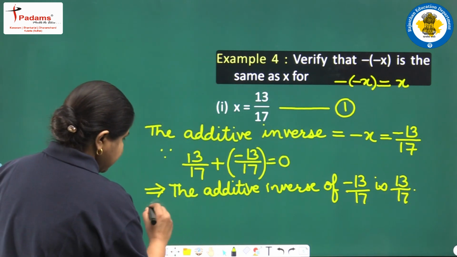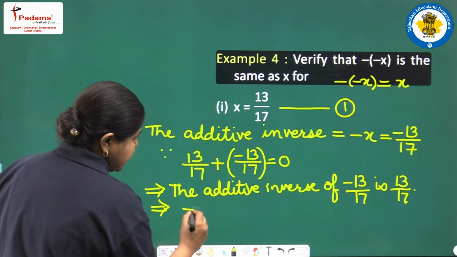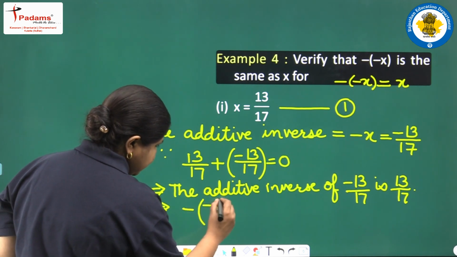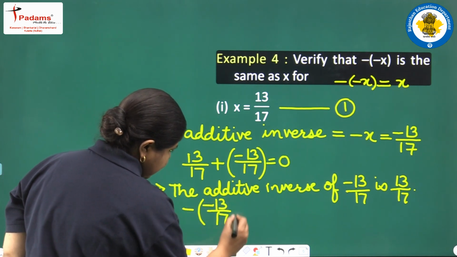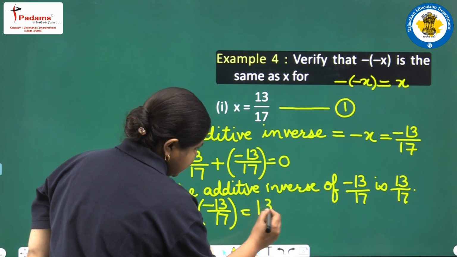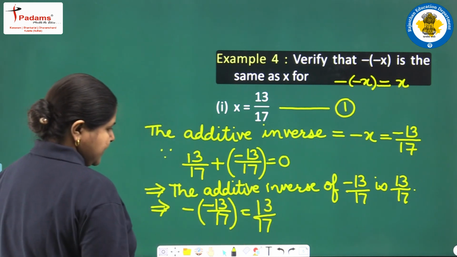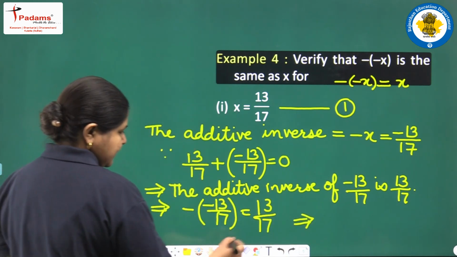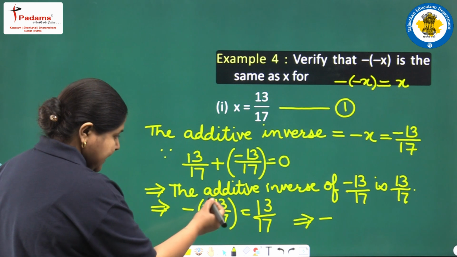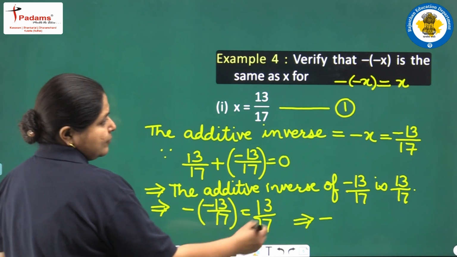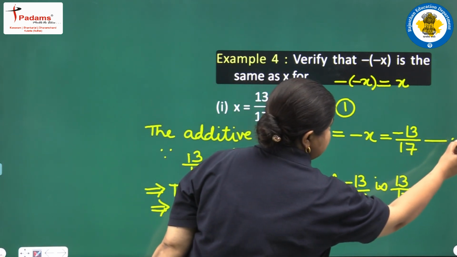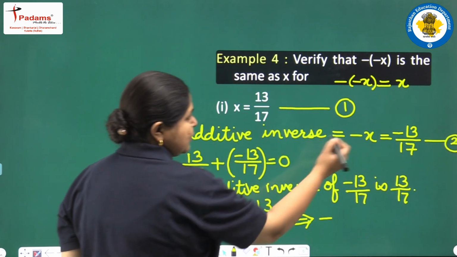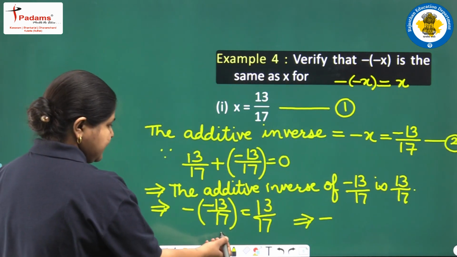This can be written as minus of minus 13 by 17 is 13 by 17, and this further implies that minus 13 by 17 is minus x. Let this be equation 2. From equation 2, minus 13 by 17 is minus x.